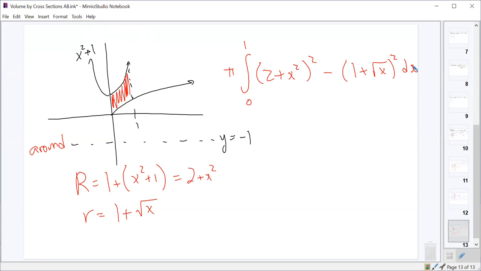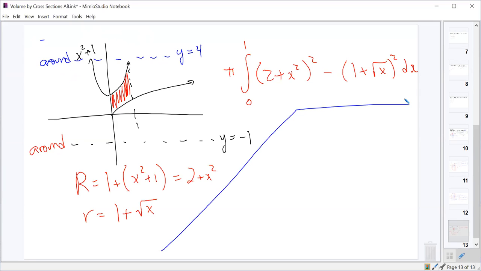All right. And what if I was revolving it around some line up here? Let's say y equals 4. What would my outer radius be if I was going around y equals 4? 4 plus x squared plus 1.